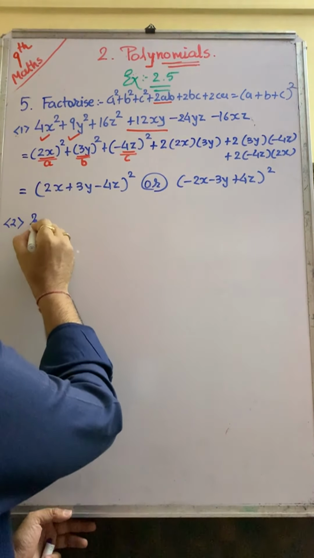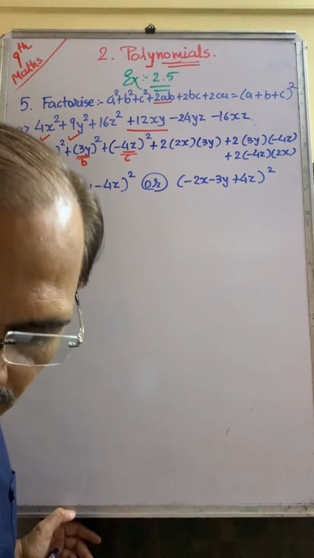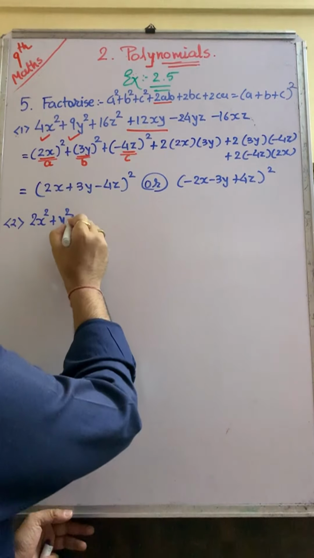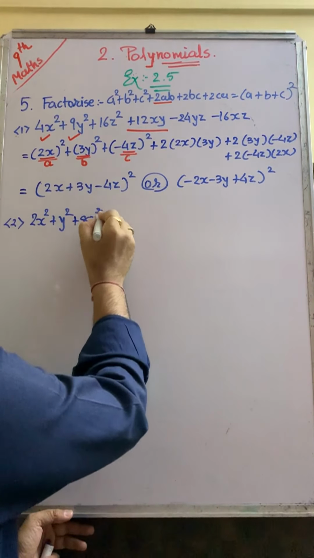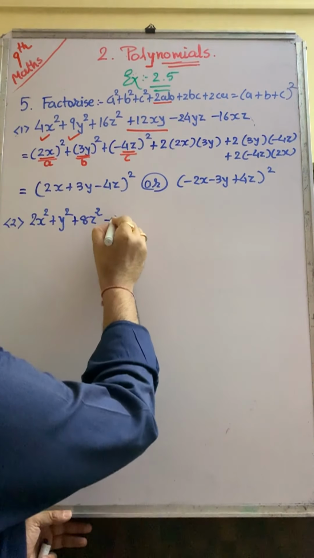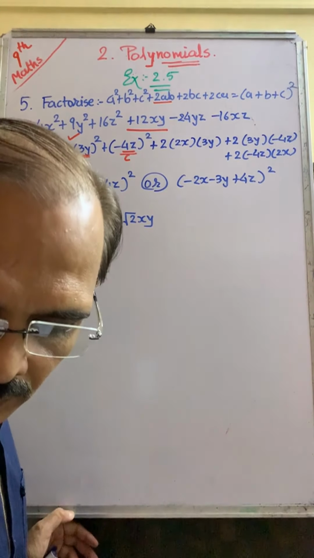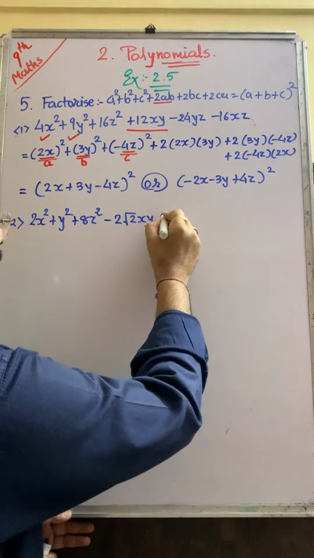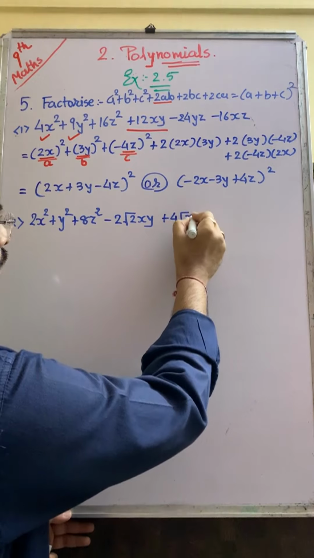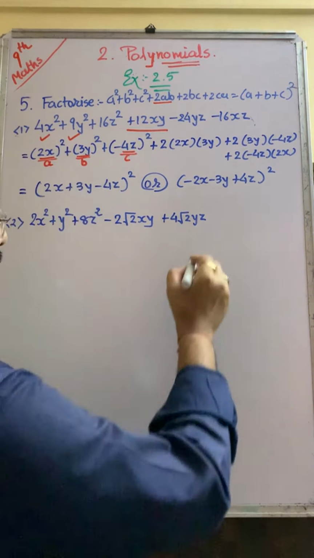2x square plus y square plus 8z square minus 2 root 2xy plus 4 root 2yz minus 8xz.